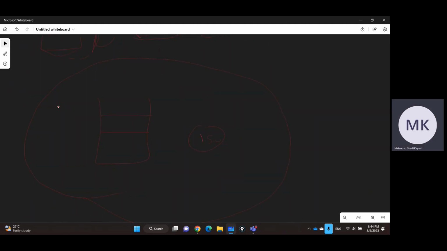Now this is the surrounding. This is the source. And this is our system. So the boundaries we will take, initially it was closed. So we will just expand it a little bit, because the heat transfer is taking place here.